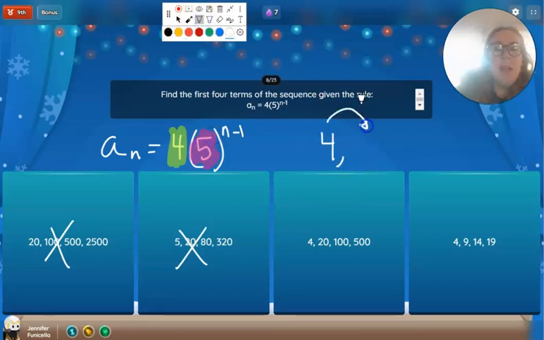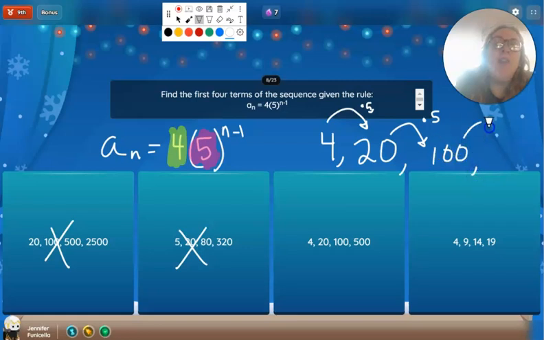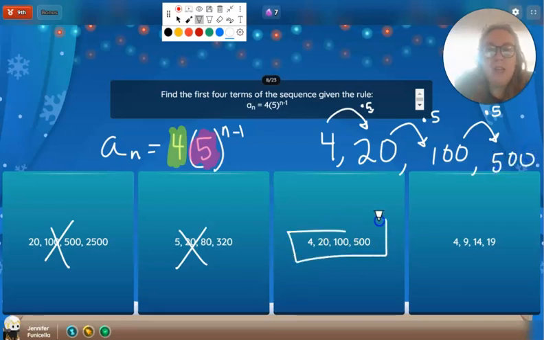So we're multiplying by 5. And what's 4 times 5? 20. So our next term will be 20. And then what's 20 times 5? 100. And finally, 100 times 5 is 500. So here is our answer for question 8. Nice job, y'all.